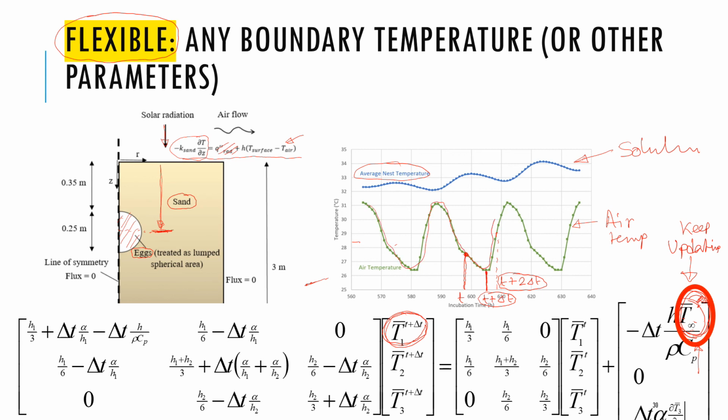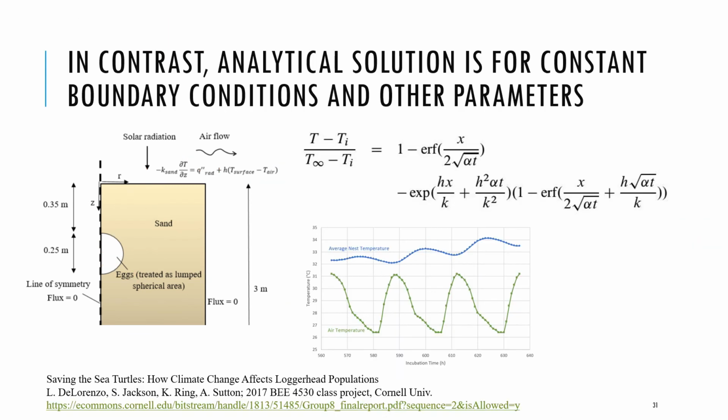So this is not possible, for example, if you contrast this with the analytical solution. For the condition of a given convective flux in a semi-infinite region, I can calculate temperatures using the analytical solution.